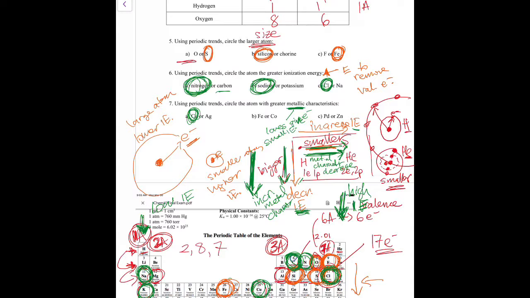How about Fe, iron, and cobalt, Co? Where is Co? Co is right next to it. Which one's more metallic? Iron is more to the left, so iron is more metallic. Palladium and zinc. Palladium is lower and also to the left, so palladium is more metallic. All right, cool.